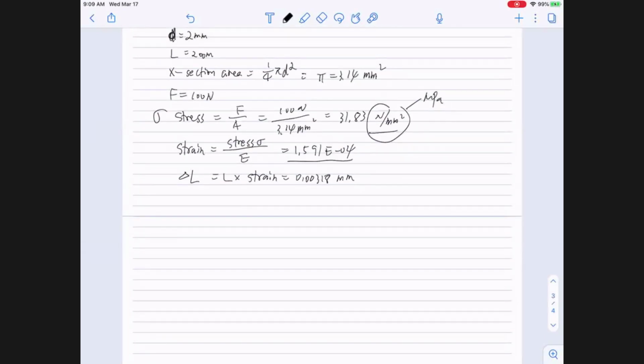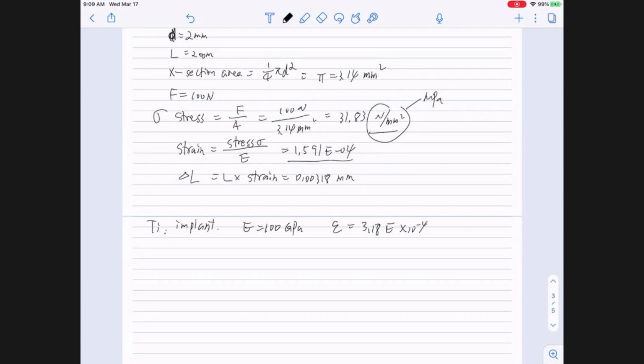in another case, if we choose titanium, for example a titanium implant, what will happen? We know titanium is 100 gigapascal. So we can get another one. The strain is 3.114 E times this one.